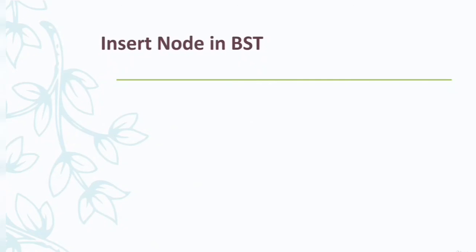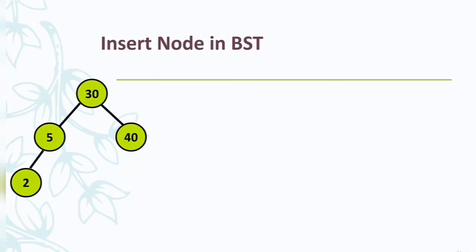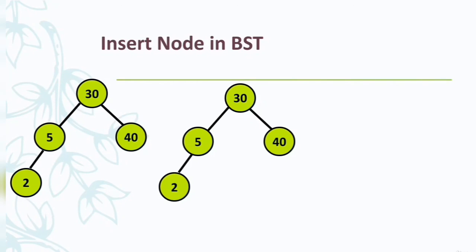So how can we insert a node in a BST? If we consider this as my tree, which has a root node 30, and we want to insert an element 80 in this, what will happen? First, we need to compare this value 80 with the root node, that is 30 in this case. As the value 80 is greater than 30, we have to go to the right subtree of this tree.